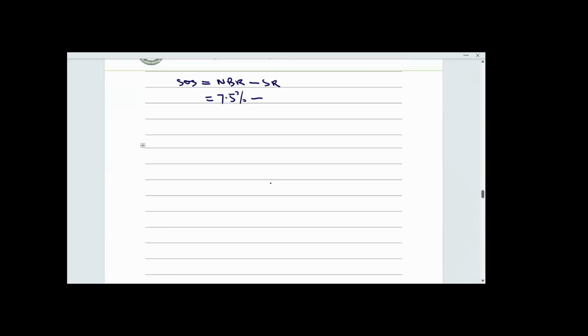Let me use SR for the interest rate on subsidy.